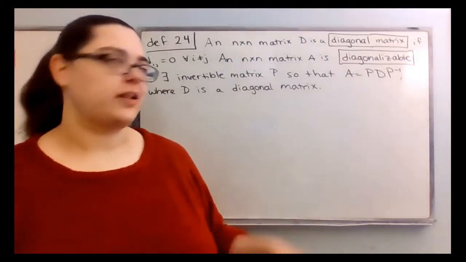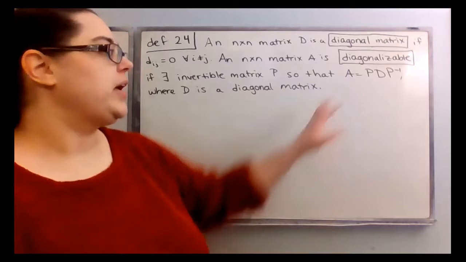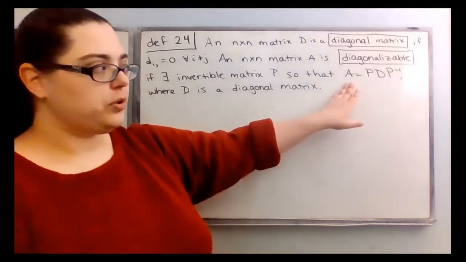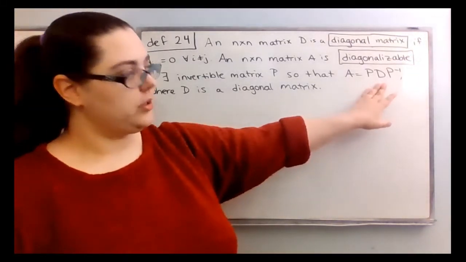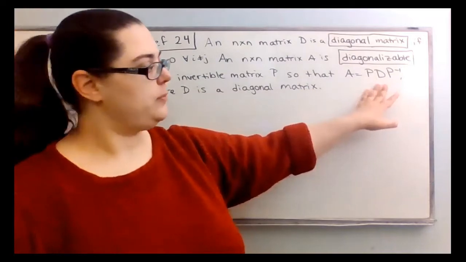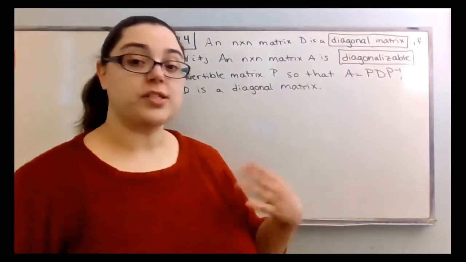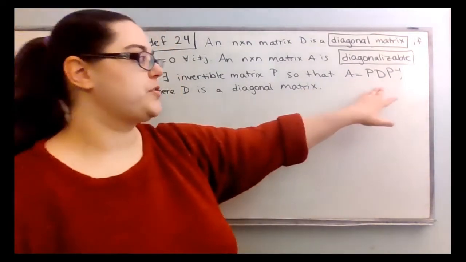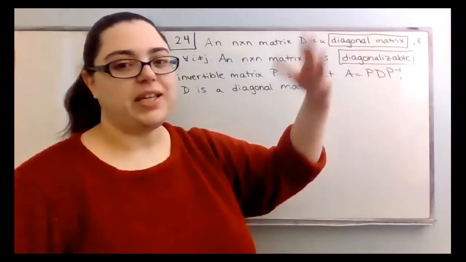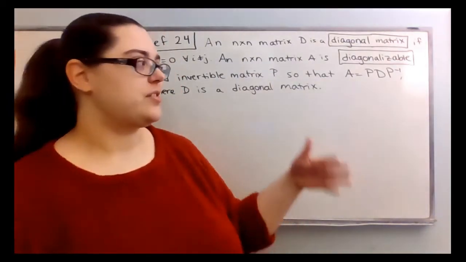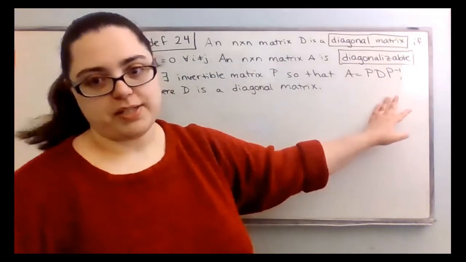Basically, all we're saying here is that A is going to be diagonalizable if it is similar to a diagonal matrix. Now, in our definition for similar matrices, we had P inverse B P, but P is the inverse of P inverse, so we can also express it in this manner.